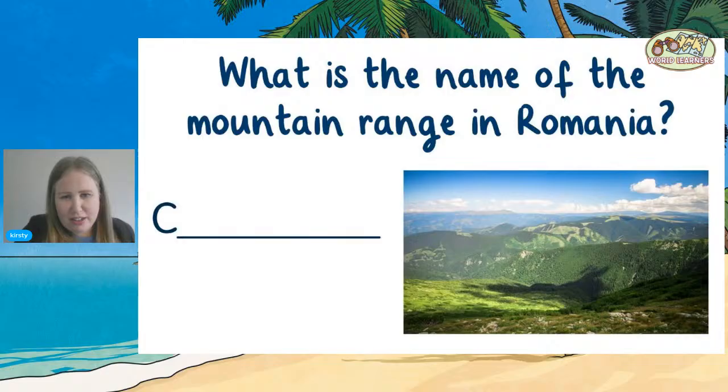Right. Okay, here we go. What is the name of the mountain range in Romania? Any ideas on that? Can you remember? Begins with a C. But can you remember the name of the mountain range?